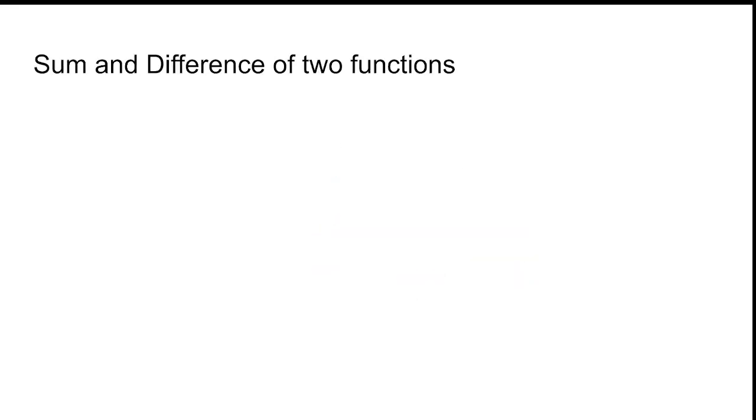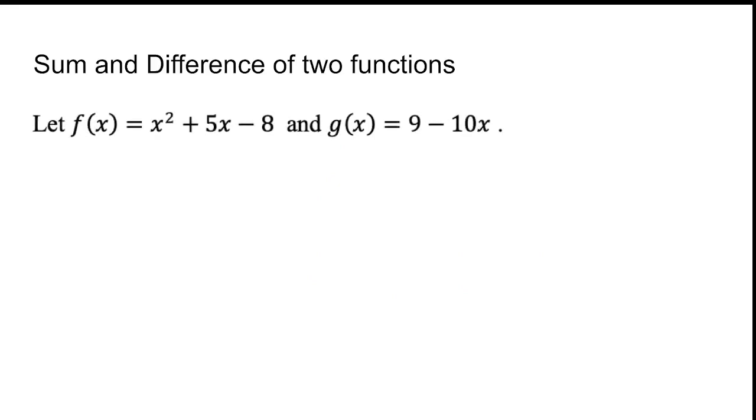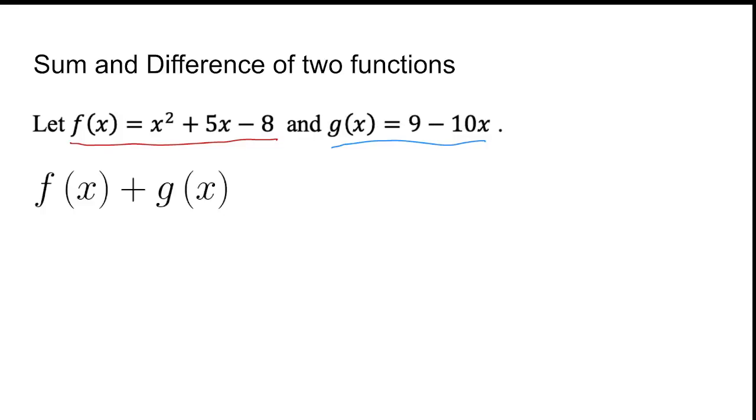Sum and difference of two functions. So we're going to work with these two, and let's color code them. So we'll do the first function, f of x, in red, and we'll do the second one in blue. Okay, so we first define the sum. So that's going to give us g of x again in blue.